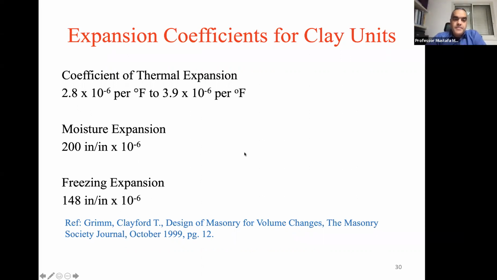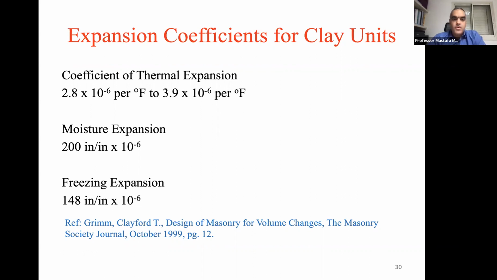So typically you have to calculate thermal expansion using the delta T that's used in that area, and you have to calculate the moisture expansion also, and then the freezing expansion also. So you have to look at the different seasons and calculate that and provide whatever is needed for the expansion joint.